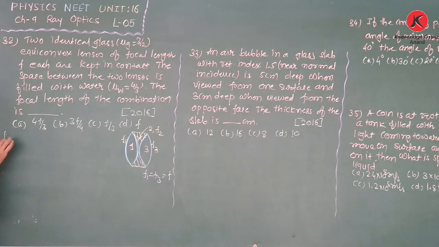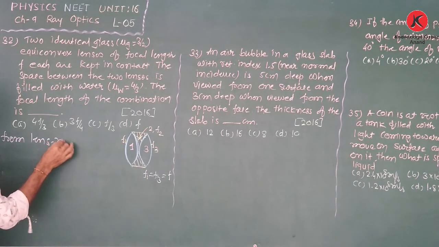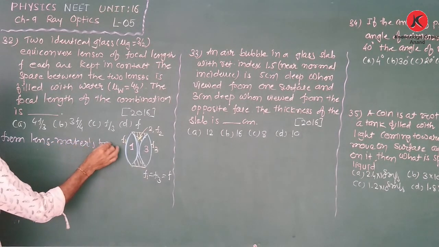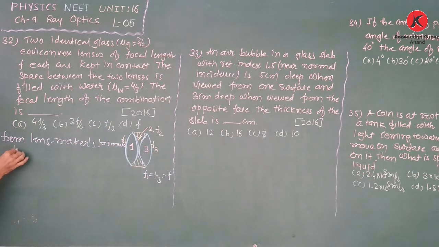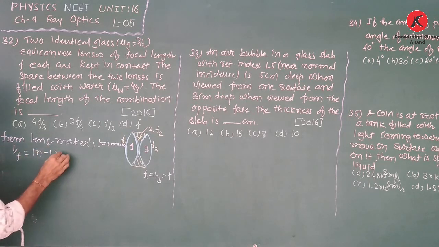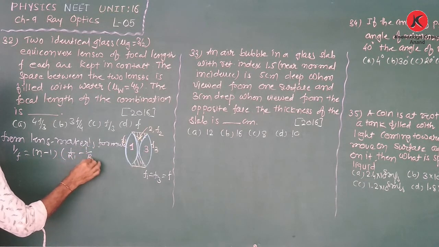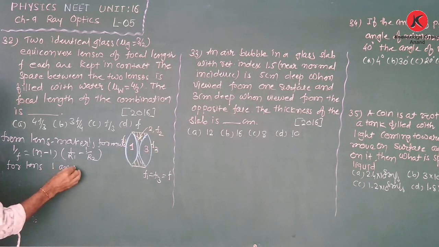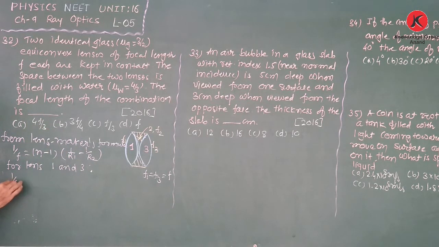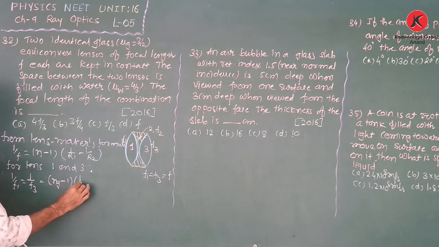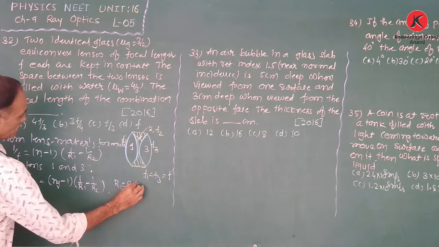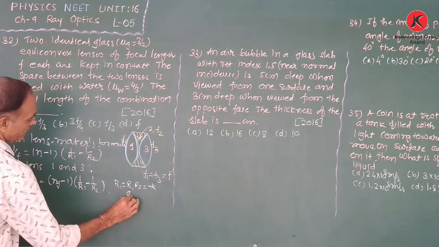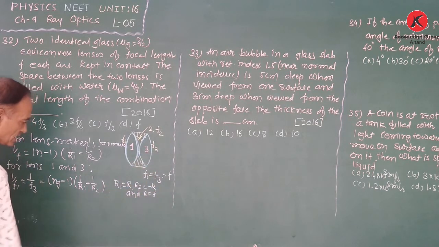For that purpose, from lens maker's formula, 1 upon f is equal to (n minus 1) into (1 upon R1 minus 1 upon R2). For lens 1 and 3, first we find out the focal length. 1 upon f1 is the same as 1 upon f3 is equal to (mu g minus 1) into (1 upon R1 minus 1 upon R2). Here R1 is equal to r, R2 is equal to minus r, and f1 we consider as f.